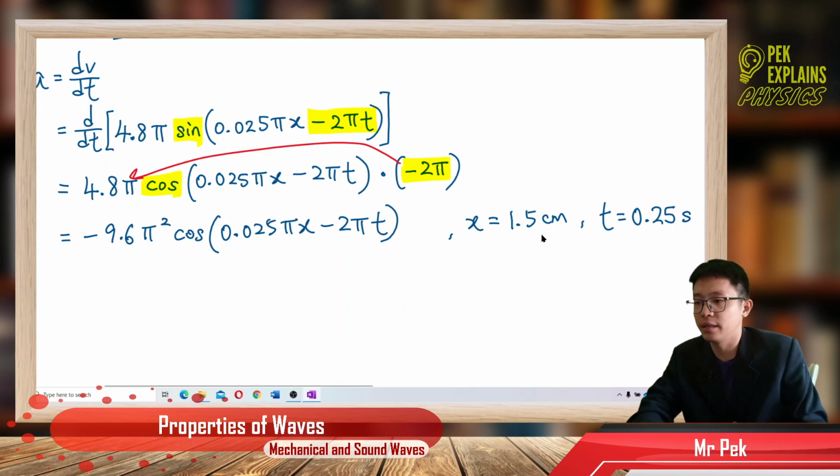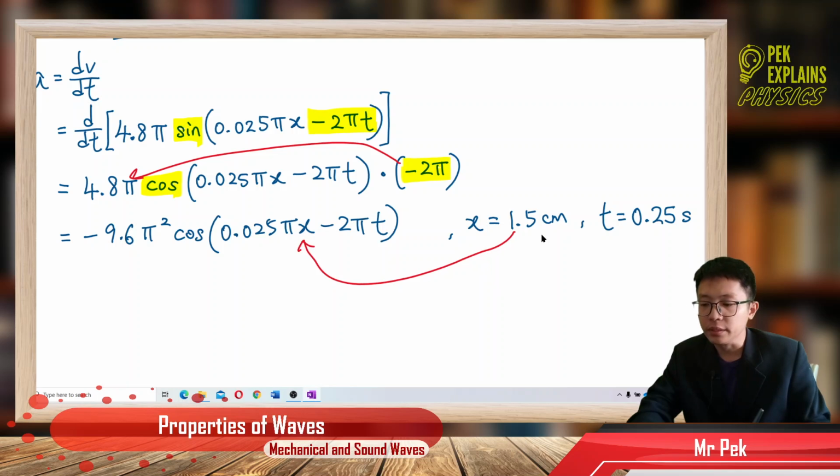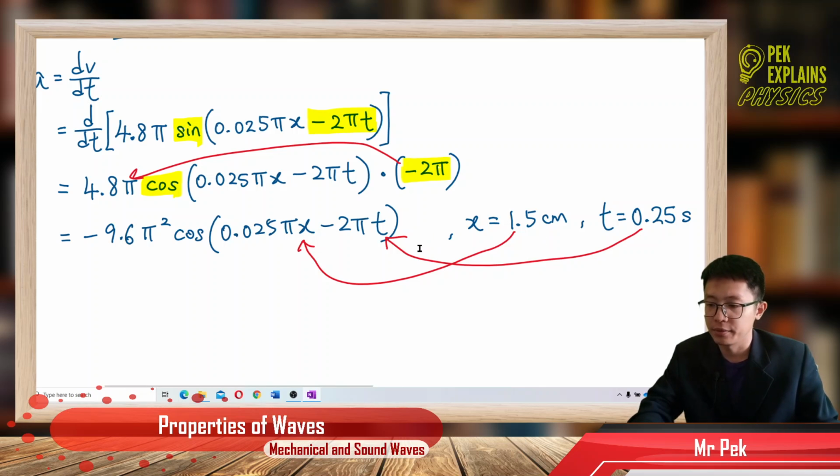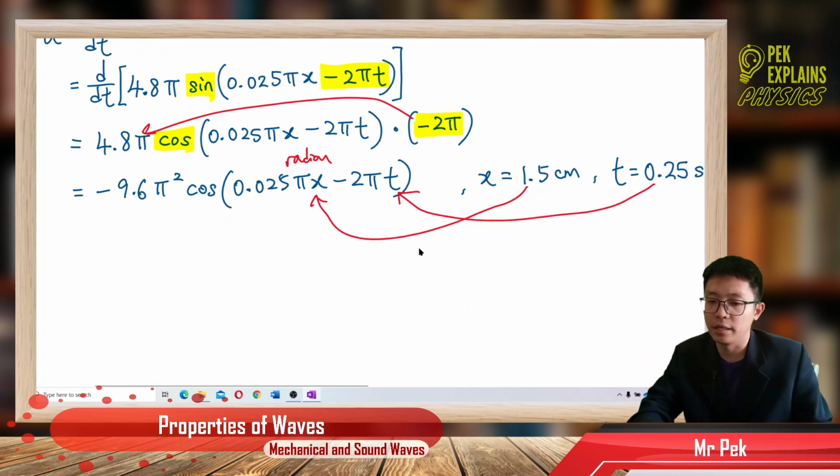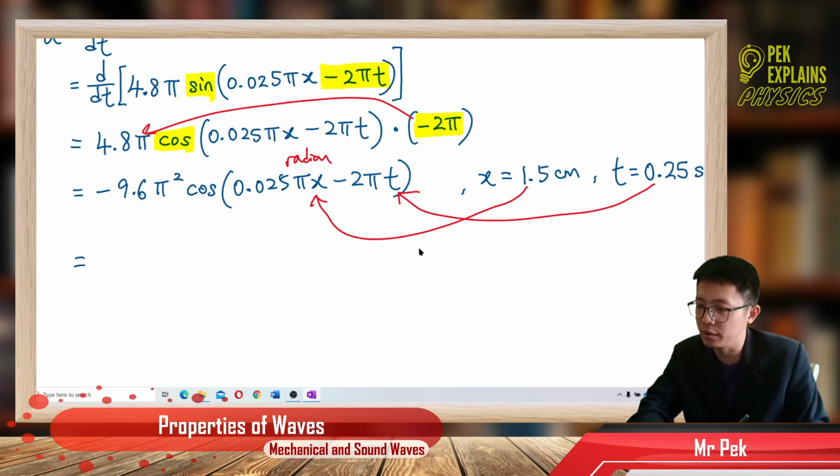Now you just substitute the x here, and the time also. Remember everything in radian. After you substitute, use a calculator. The answer you will get is negative 11.14.